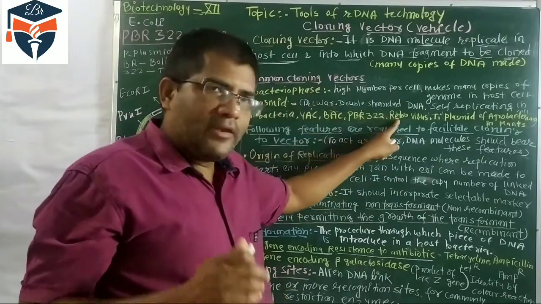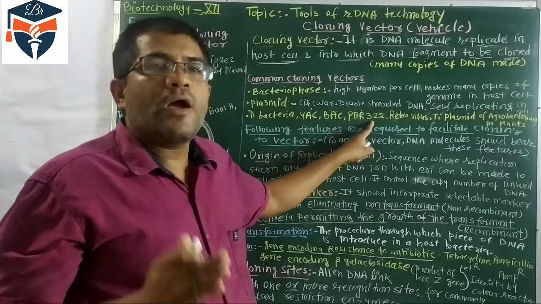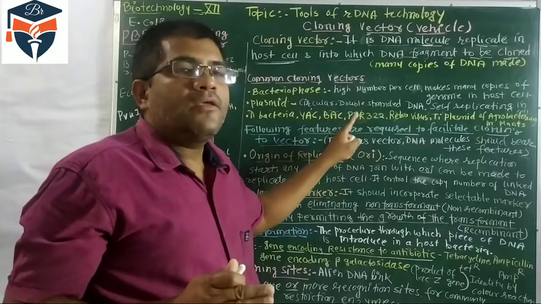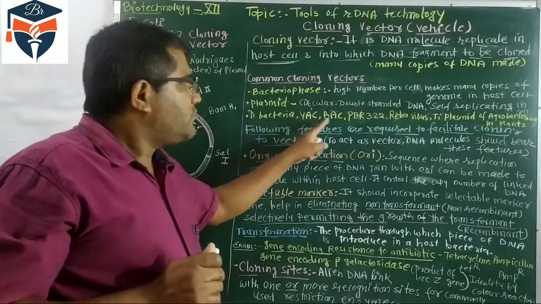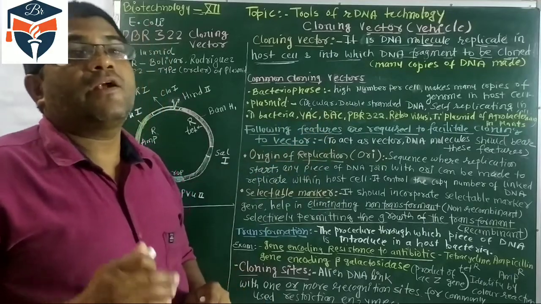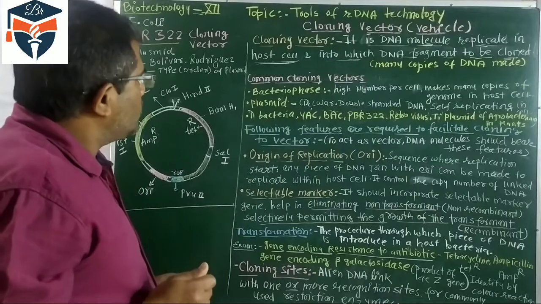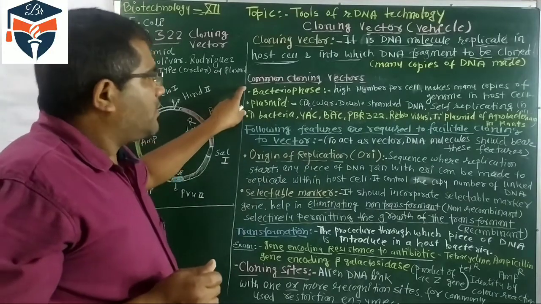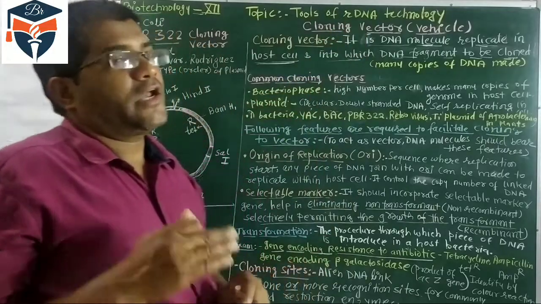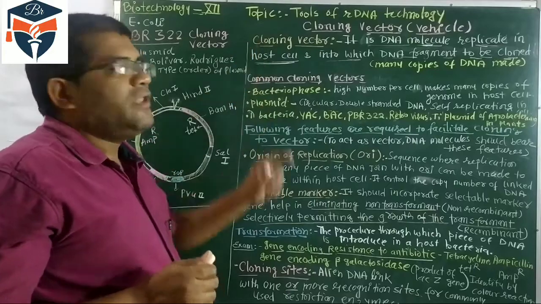Retrovirus is a common cloning vector in animals. pBR322 is a commonly used cloning vector in E. coli. YAC and BAC, yeast artificial chromosome and bacterial artificial chromosome, are also cloning vectors, and so is Lambda phage. So these are some cloning vectors which are used in recombinant DNA technology.